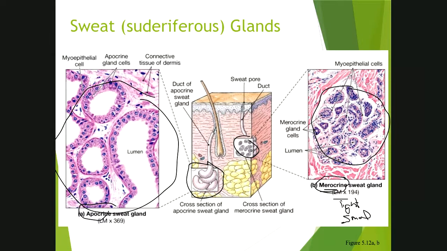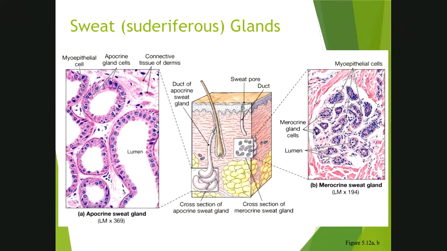And again, they're going to secrete by the apocrine method, and so we're going to get the tops of cells pinching off. There's one other big difference here. Look at this gland. It goes straight to the surface. But this gland is always associated with a hair. So they're very different from each other.